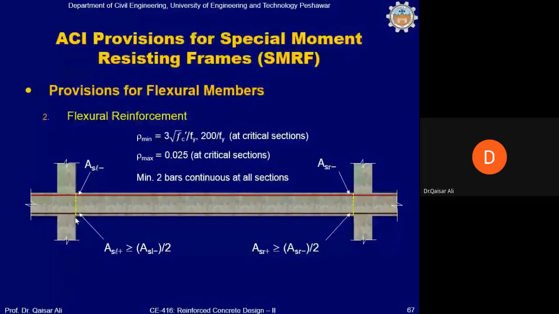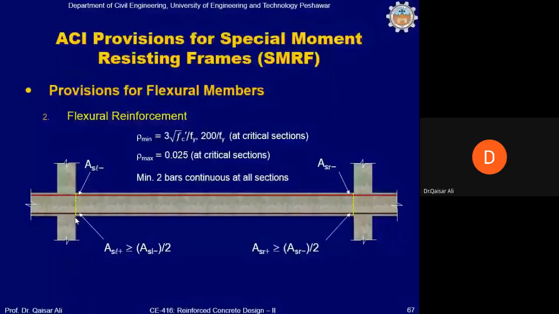Only then you can take R equal to 8.5, because R equal to 8.5 will reduce your base shear, and this reduction of the base shear is only allowed if you make all these parts which are subjected to earthquake loading, especially the connections of beams and columns, more efficient so that they dissipate energy by fulfilling all these provisions of the ACI code.